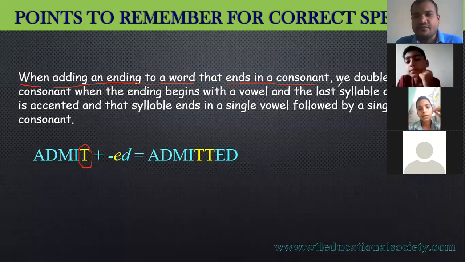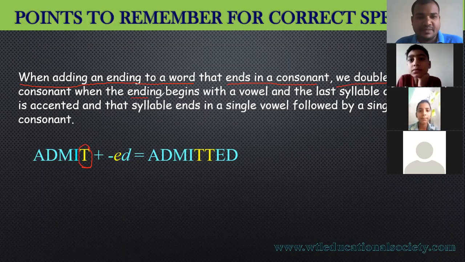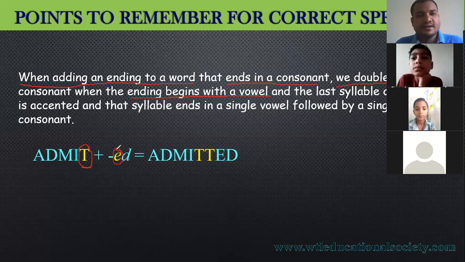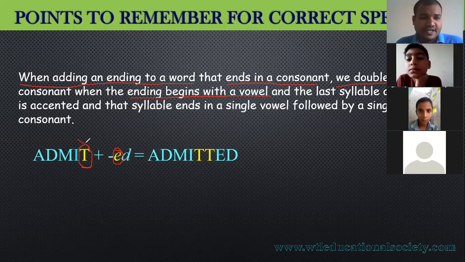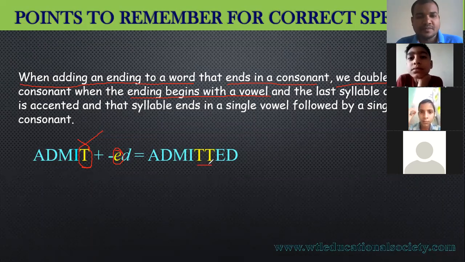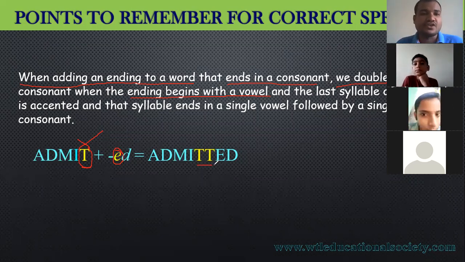Correct? Yes, we double that consonant when the ending begins with a vowel. So now the ending begins with a vowel. In that case, what we need to do is double this consonant sound. If you observe the example here, you'll be able to find that double T, doubling of the consonant.